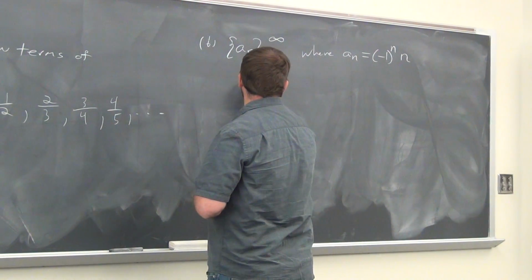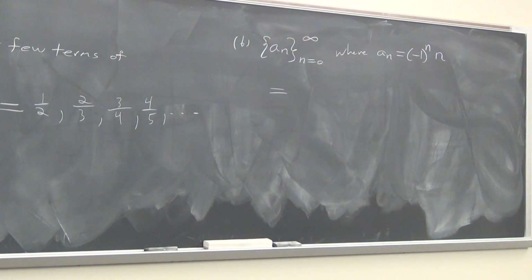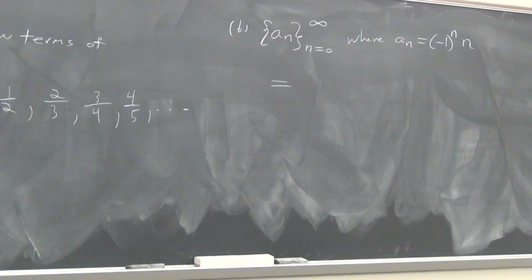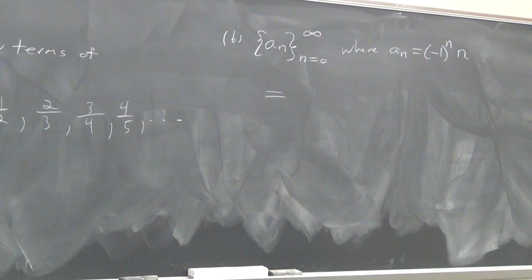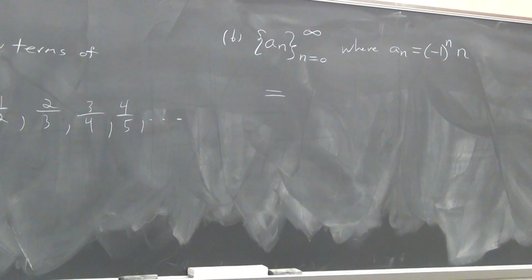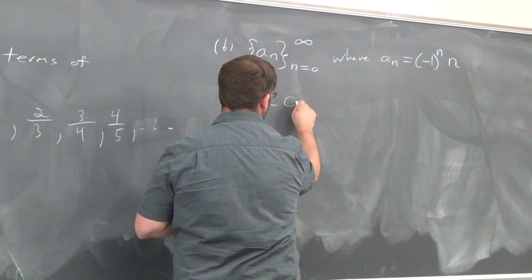We'll just list the elements down here. What do we get when n is 0? -1 to the 0, which is 1, and then times 0. So you should get 0 for your first term.